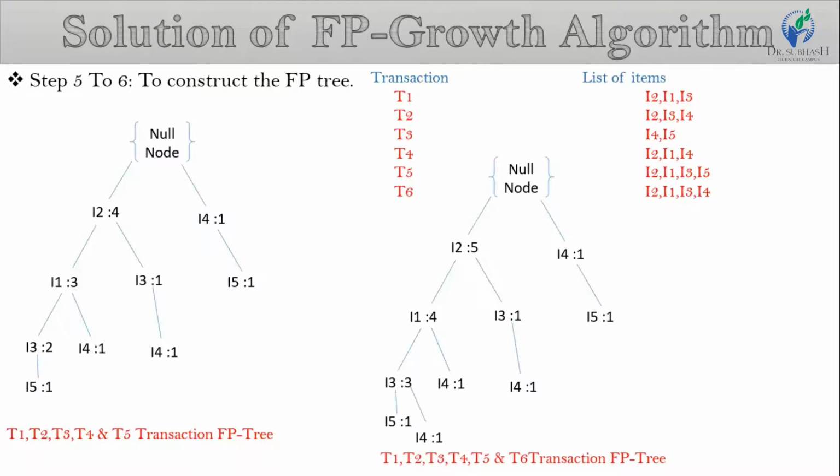Now we increment all the counts of these items. So I2 occurs 5 times, I1 occurs 4 times, I3 occurs 3 times, and I4 occurs 1 time. So this is the final FP tree, which includes all the transactions from T1 to T6.